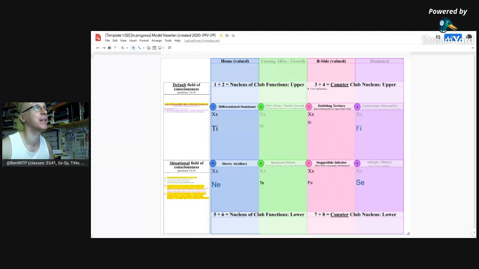So this gets back to the idea of your default field of consciousness. You are in a state of introversion. But what do we mean by a state of introversion? It's yourself in the world. You're not focused on the world, you're focused on yourself in the world, your subjective reaction to the world. So it's the subjective factor, and it's a subjective state of mind.